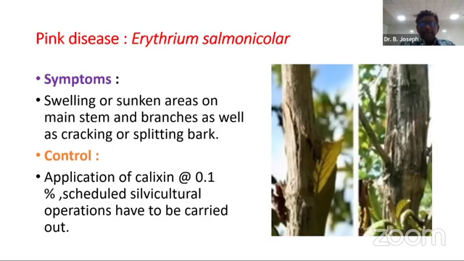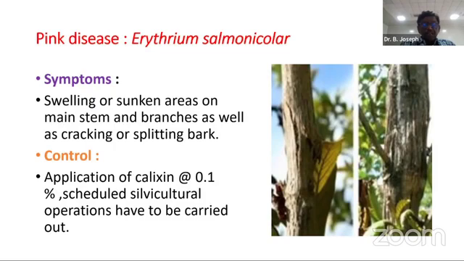I again repeat to all the farmers that whatever diseases or infestations are there, we can do nothing about them. The only thing is that from the beginning onwards, we have to go for good clean cultivation. As a result, we can prevent certain diseases and insect infestations in the teak plantation. So make a note.